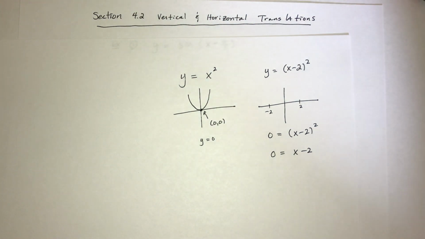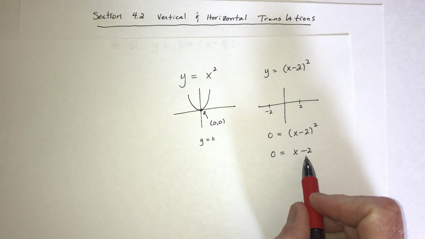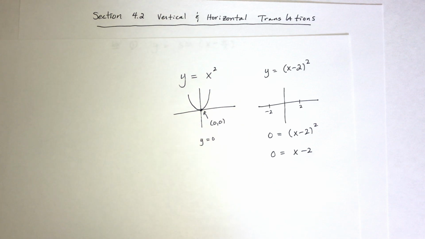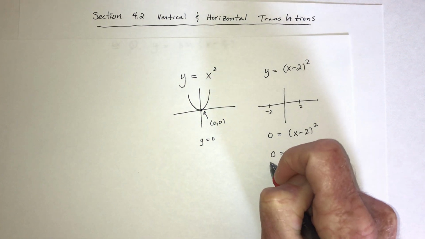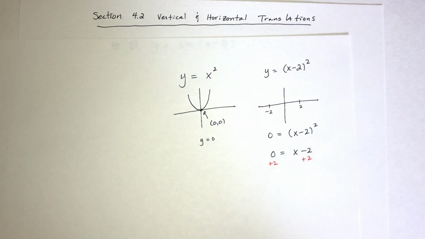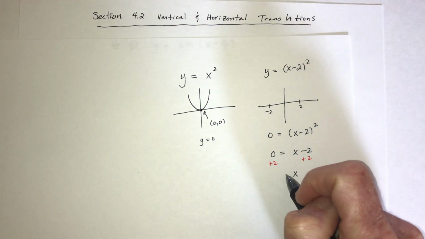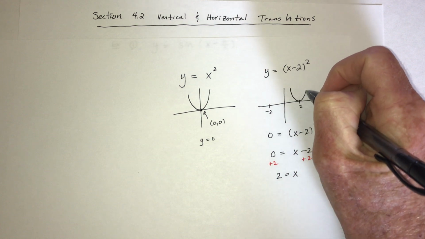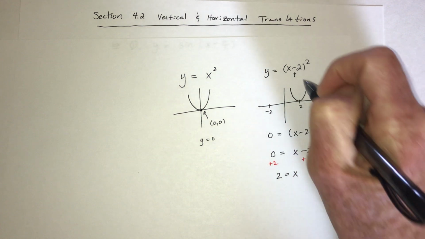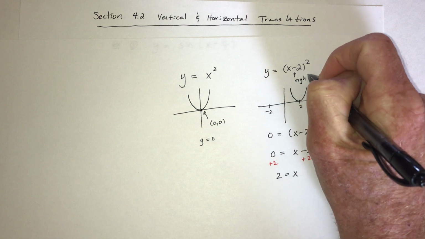And right here is the reason that even though this says minus, it shifts it to the right. Because the next step is add 2 to both sides, which means you're doing the opposite. And so x equals a positive 2 is where the vertex is. So even though that says minus, it actually shifts it to the right.